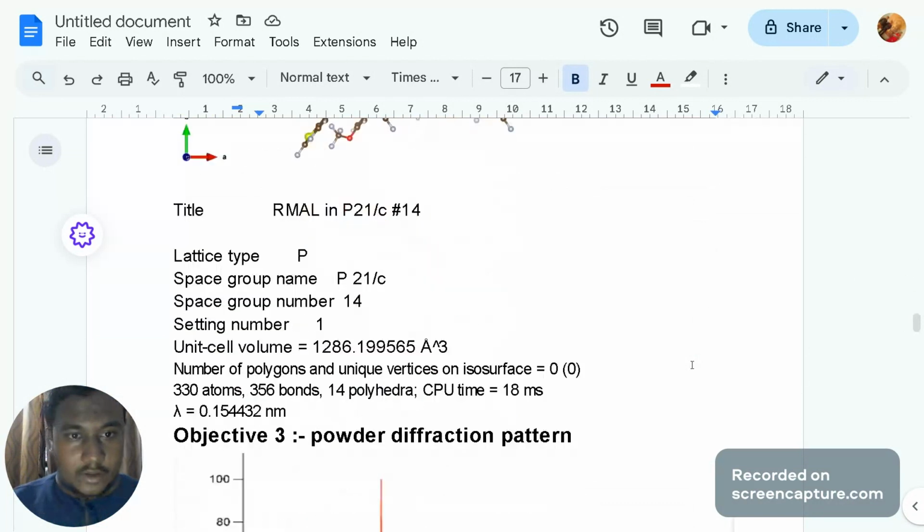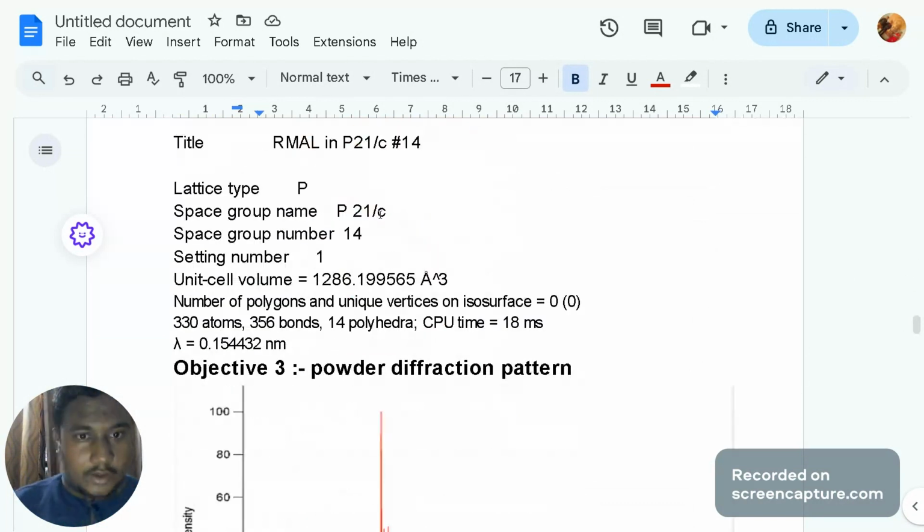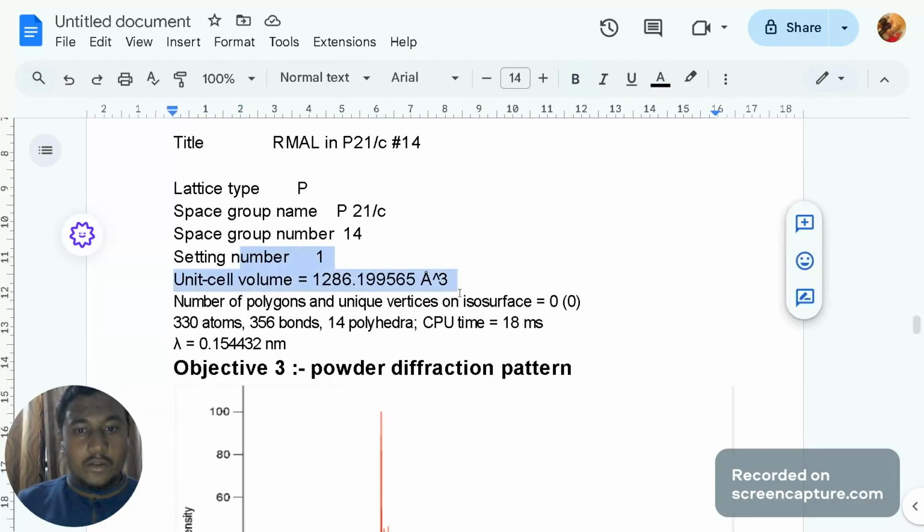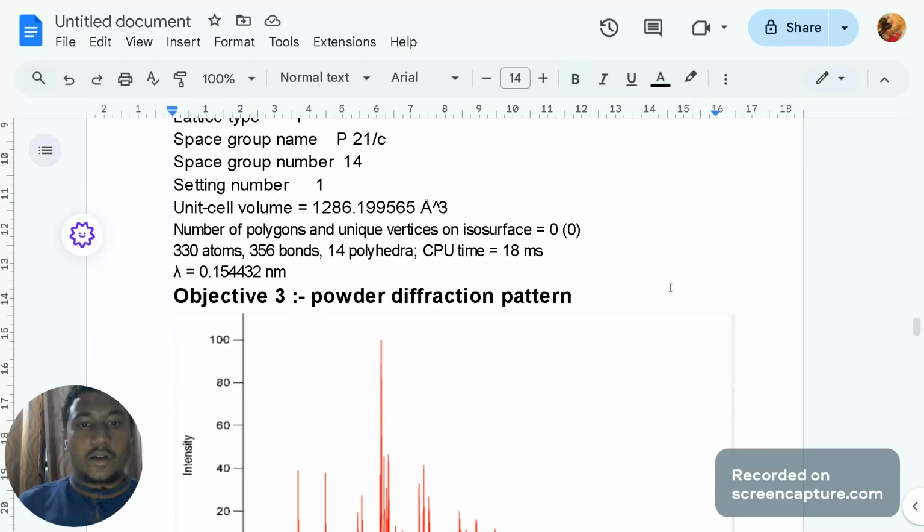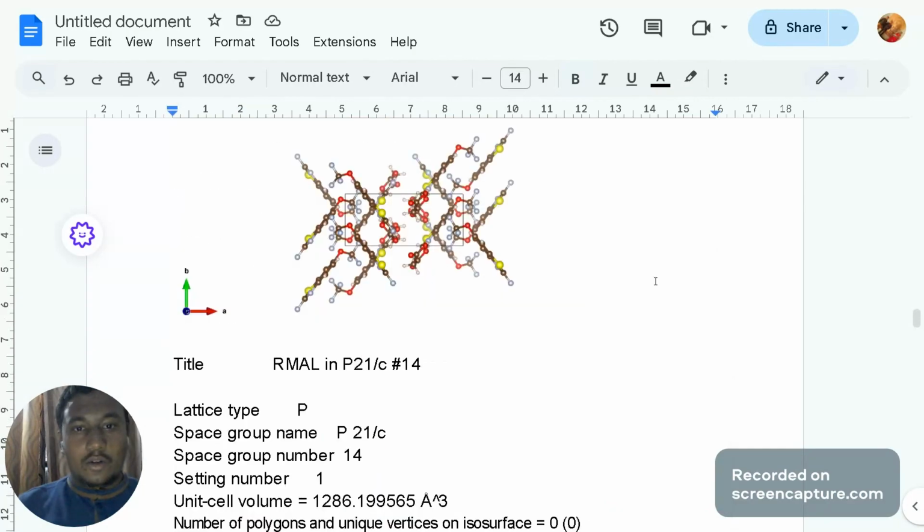Then there is the title, and its lattice space group is P21/c, the space group number is 14, the setting number is 1, and the total volume is obtained here. The results I obtained on the Vesta software are stated here.